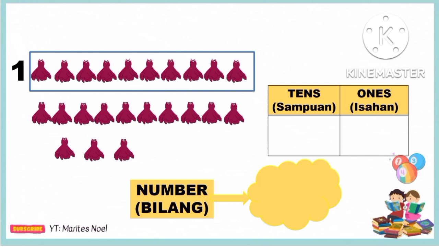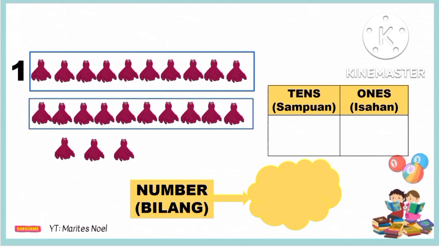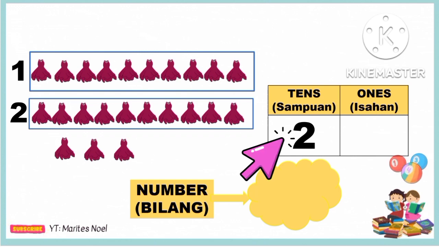Let's proceed. 1, 2, 3, 4, 5, 6, 7, 8, 9, 10. Now, we have 2 tens. In Filipino, mayroon na tayong 2 10. Let us read. 2 tens. In Filipino, 2 sampuan.